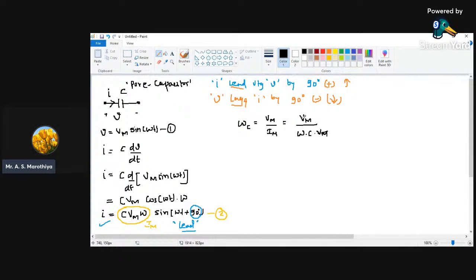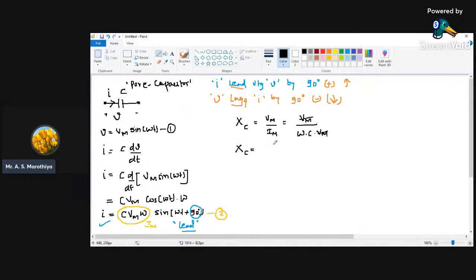Now this Vm gets cancelled. Instead of indicating this by omega c, let us indicate it by the symbol Xc, because previously we indicated the ohmic opposition offered by an inductor as XL.